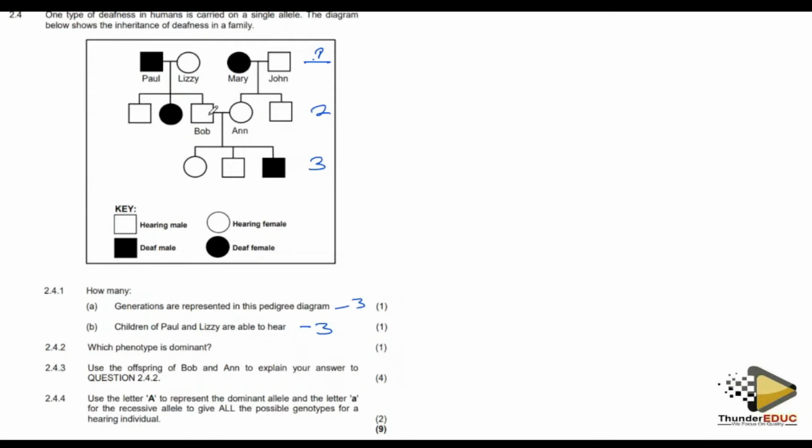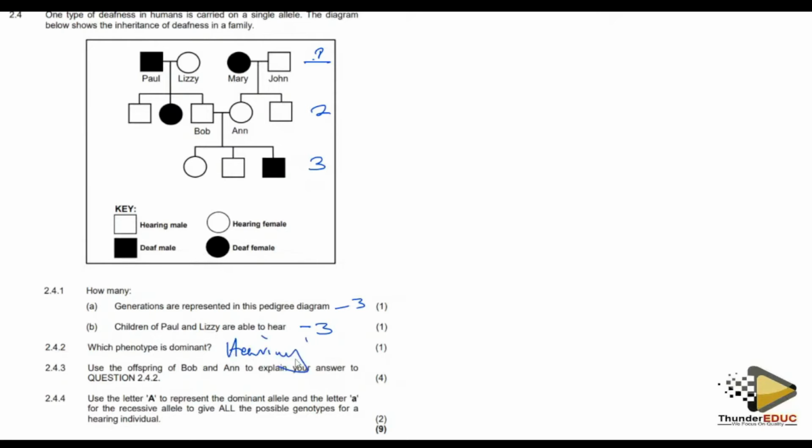This person is hearing, this person is hearing, but they produced a kid who is deaf. What does it mean? It means that these two had a recessive allele for deafness. It means that deafness is caused by a recessive allele. Therefore, hearing is caused by a dominant allele. So the answer here must be hearing.